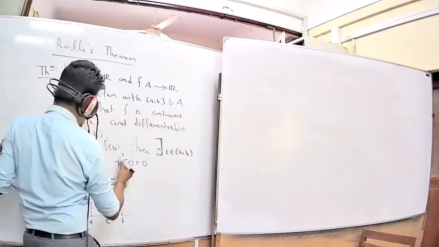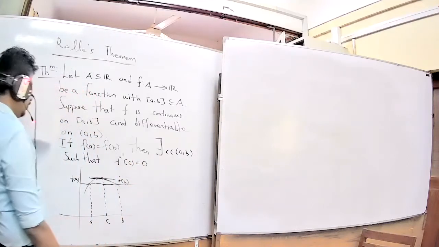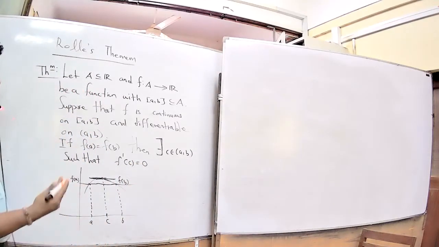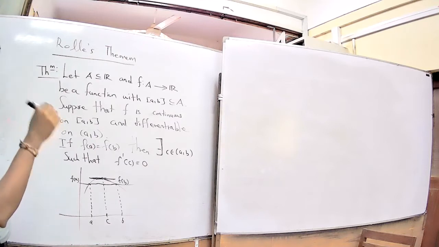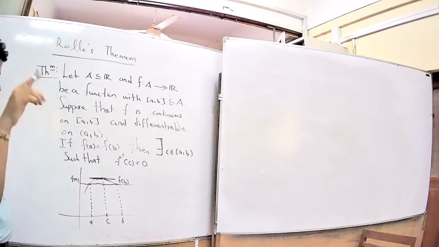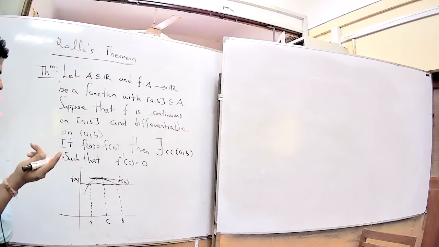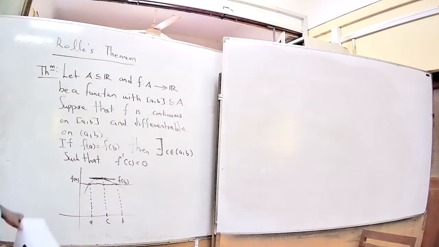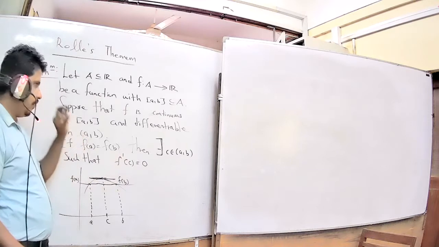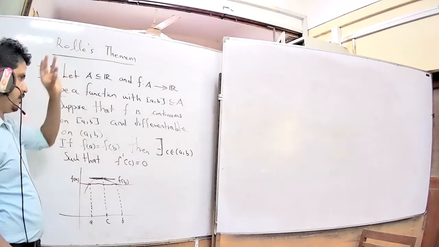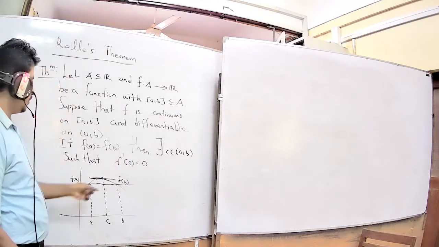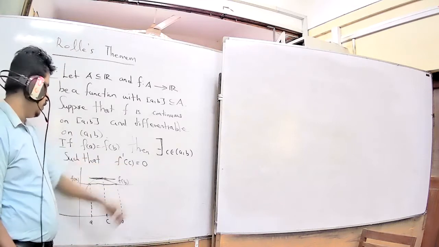That means f dash of c equals 0. You know the meaning of f dash of c: it is the limit of f of x minus f of c over x minus c, in differentiability. That is the tangent, f dash of c, and it equals 0.